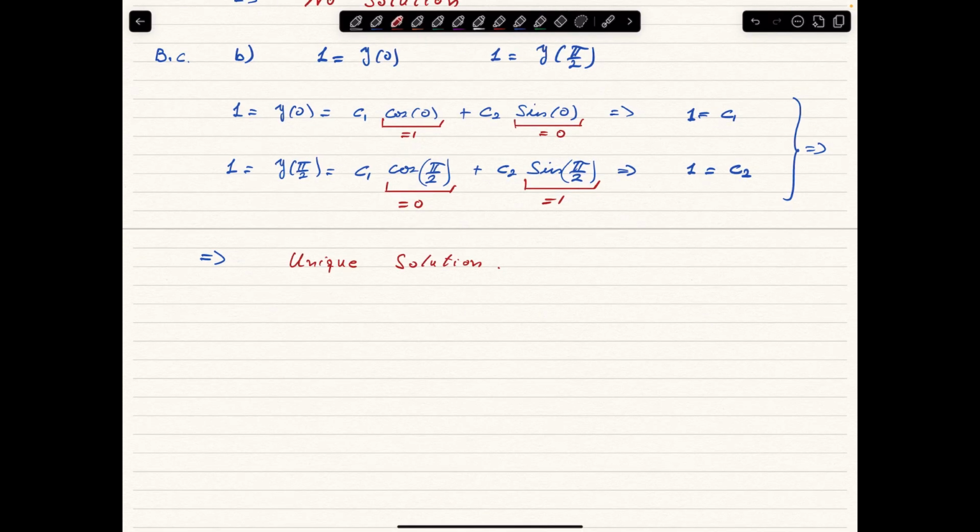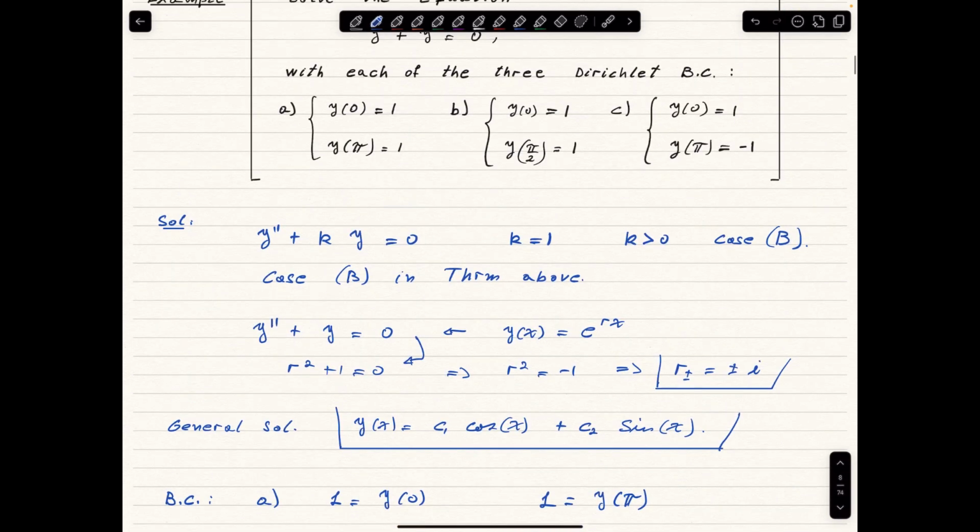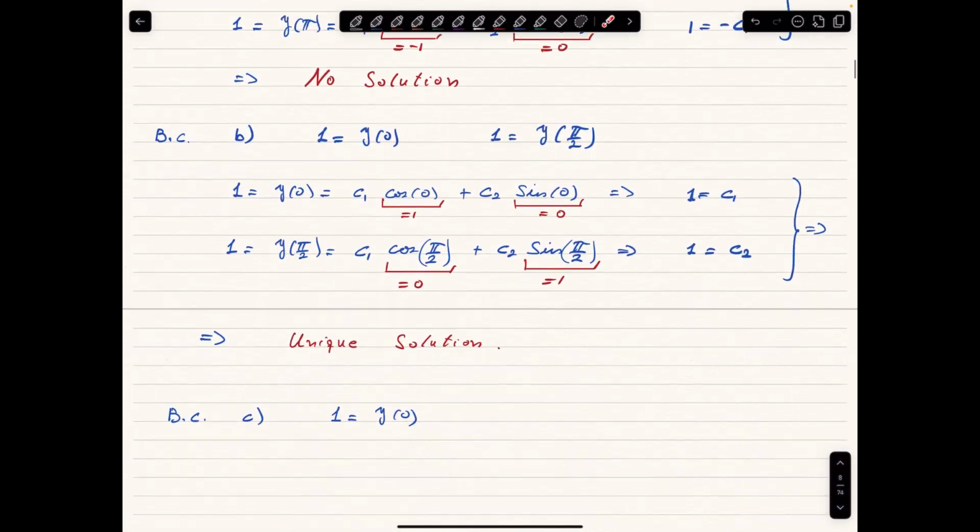Now what happens with the last boundary condition? Let's put here boundary condition C. And what was boundary condition C? Well, this condition was the same, y at 0 equal to 1, and the other is that -1 is the solution at pi.